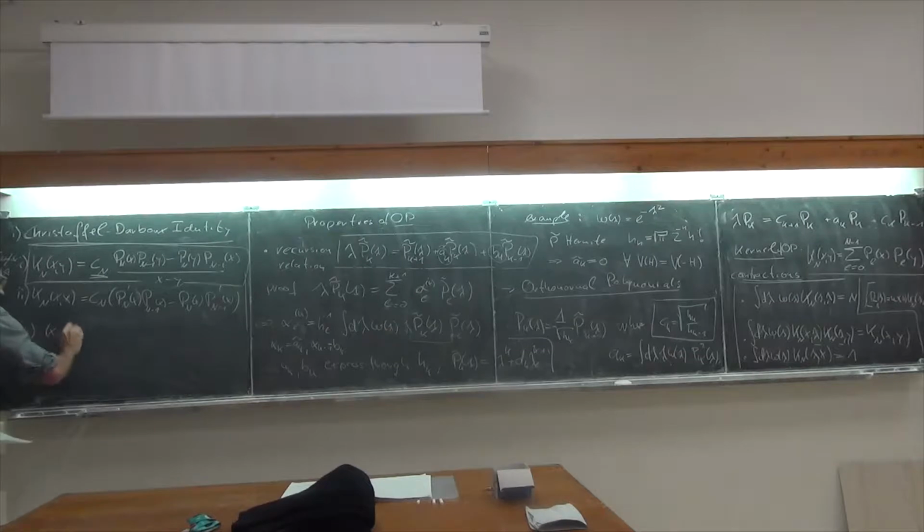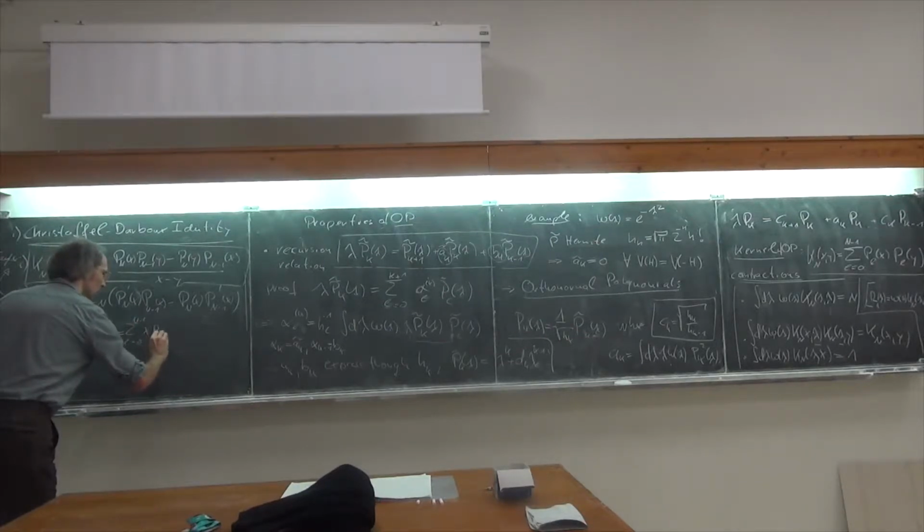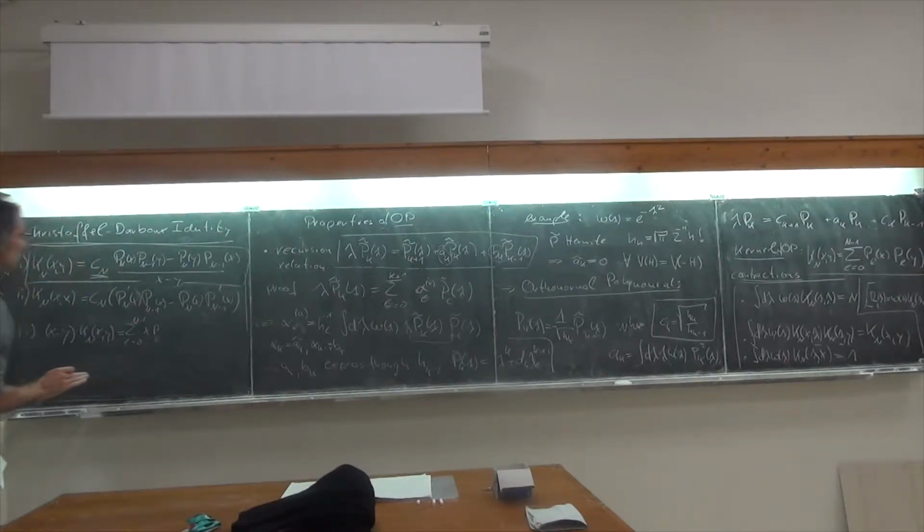You take the kernel as it is defined and multiply it with x minus y. So what do you get? Sorry? Yes? Pn of 0 is 0? No, it's 1. Sorry, Pn of 0 is a constant. Okay.